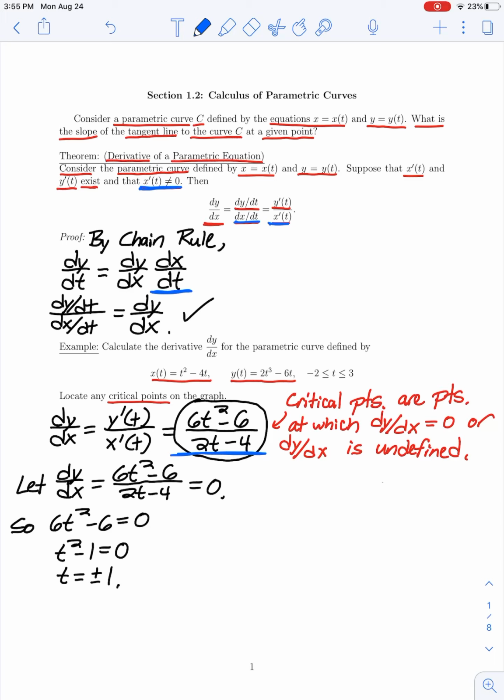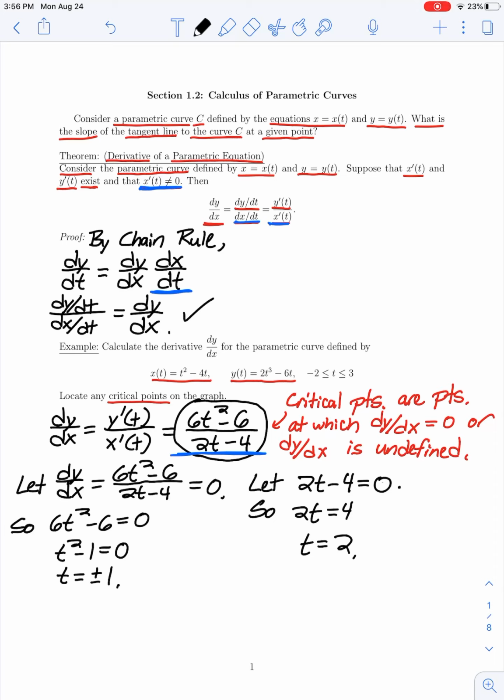So if we have a denominator of 0 for this ratio, then the derivative dy/dx is undefined. So to look for this other type of critical point, we're going to set our denominator, 2t minus 4, equal to 0, and we find that 2t has to be 4, and so t is 2.